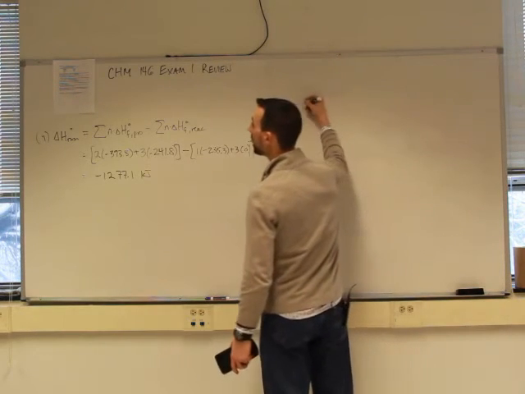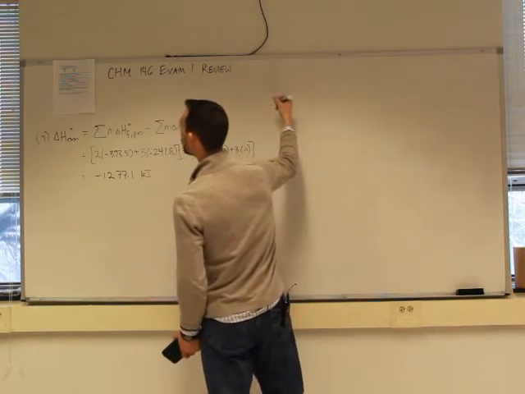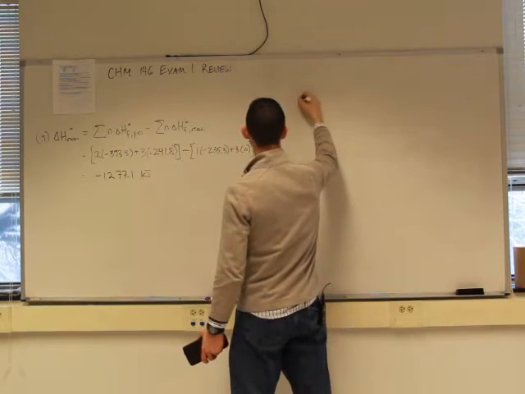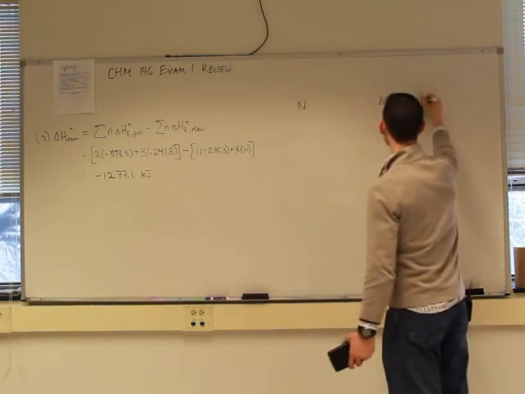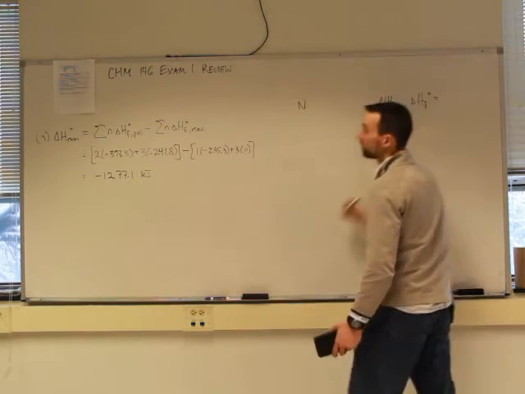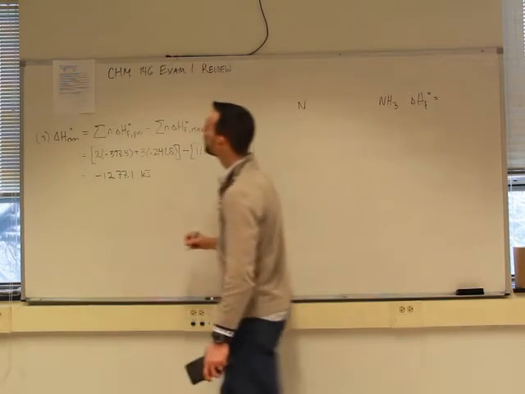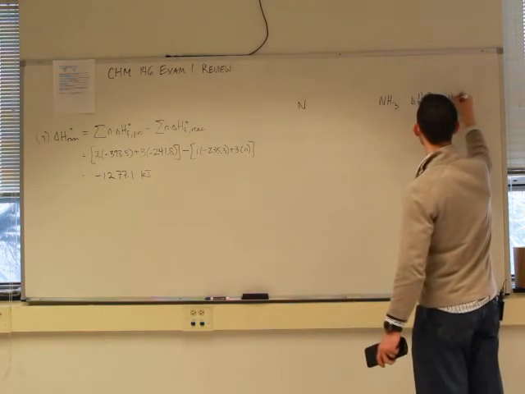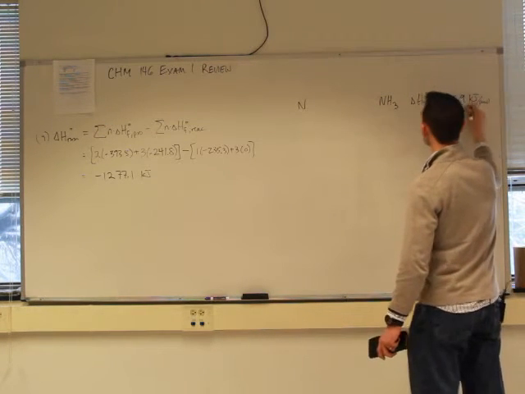So when we form a single mole of ammonia, NH3, we can use the enthalpy of formation value that we're given in this problem, which is negative 45.9 kilojoules per a single mole of ammonia.